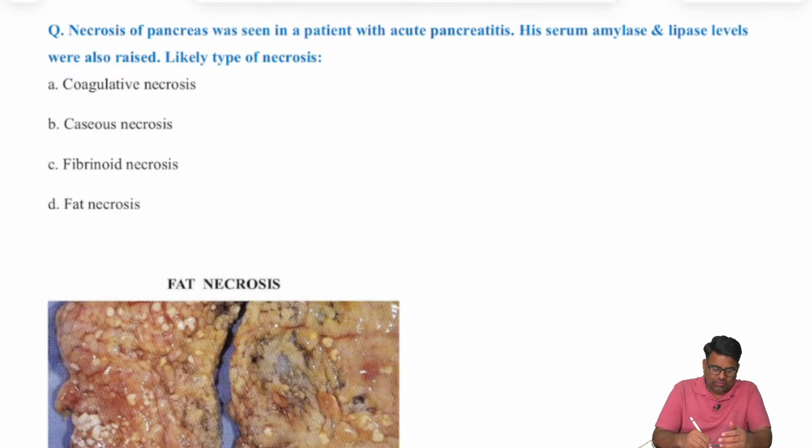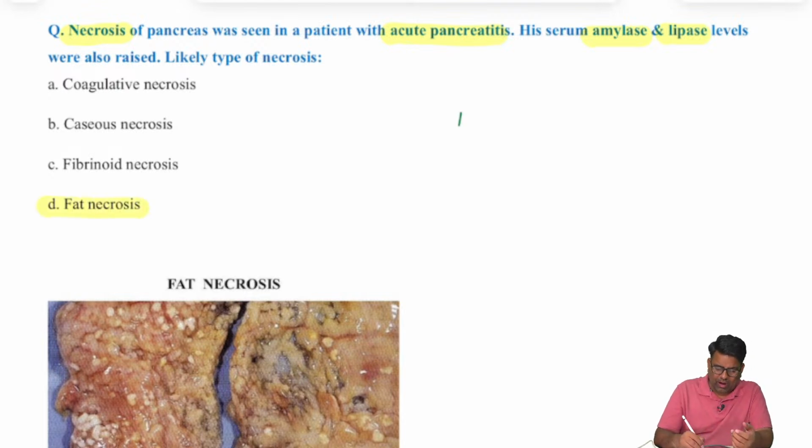We will start the session with MCQs of pathology. The very first question was from a very important topic, that is necrosis. A specific mention was made of a past history of acute pancreatitis, supplemented by raised levels of amylase and lipase, which further strengthens the diagnosis of acute pancreatitis. The type of necrosis seen in acute pancreatitis, I think all of you can answer, is fat necrosis.